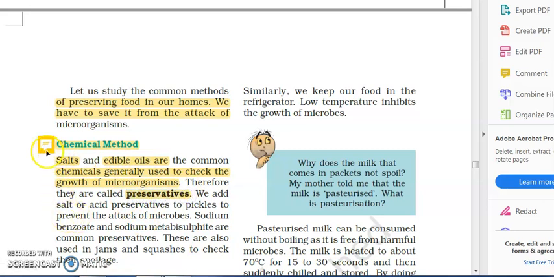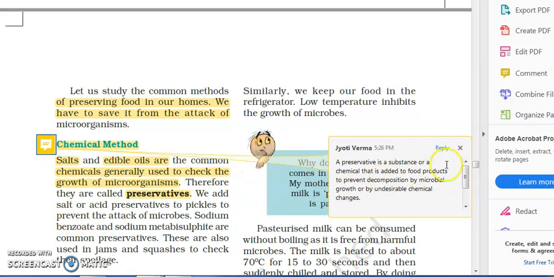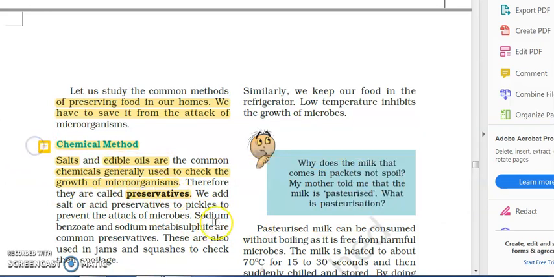What is a preservative? A preservative is a substance or a chemical that is added to a food product to prevent decomposition by microbial growth or by undesirable chemical changes. In the same way, we add salt and acid preservative to pickle to prevent the attack of microbes.